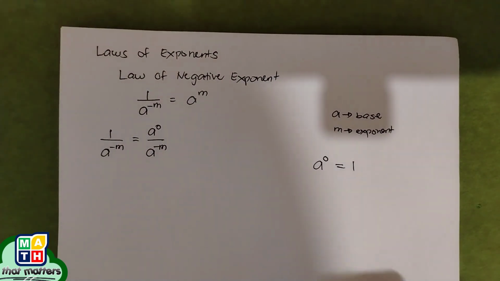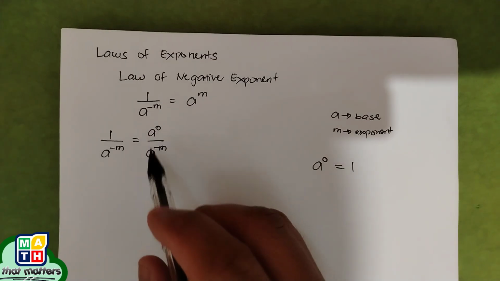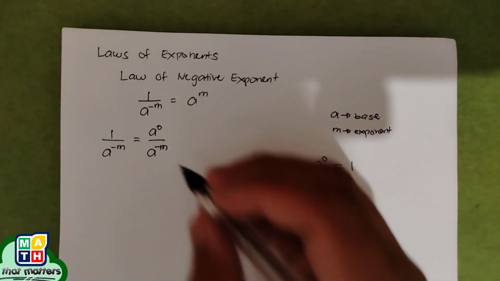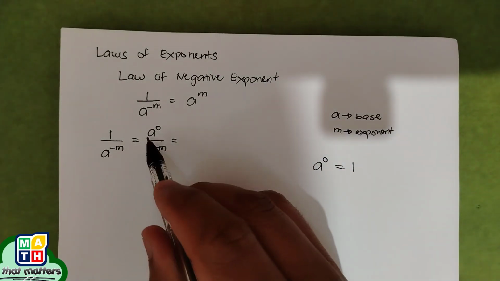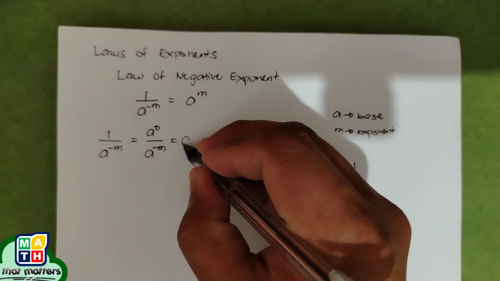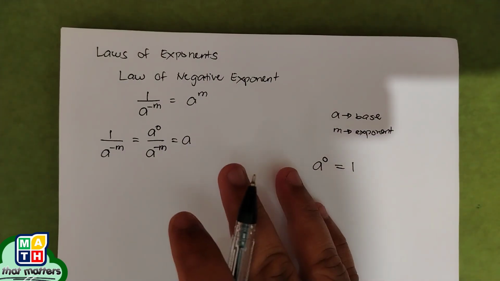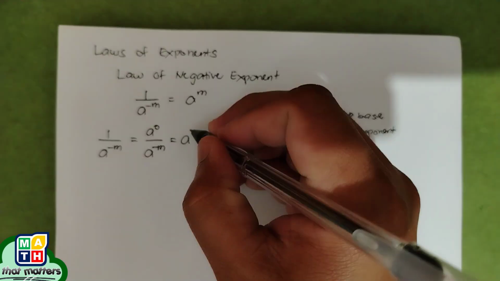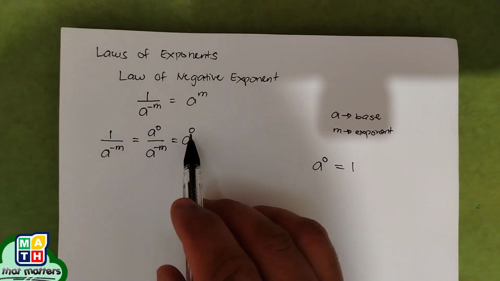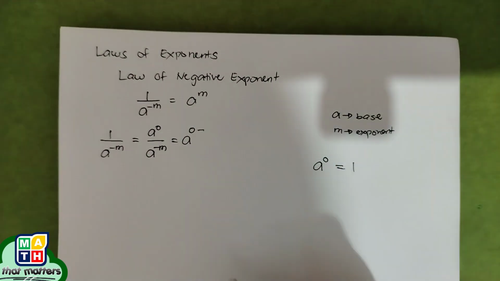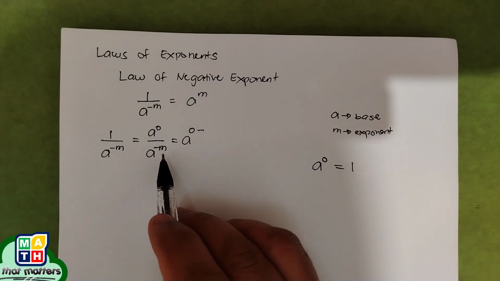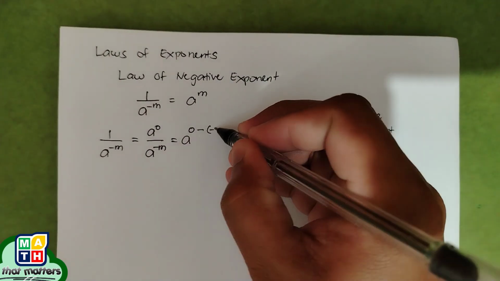Next here is to apply, since we have the same base now, the division law of exponents, which tells us that if we are dividing exponentiations or expressions with the same base, copy the base and subtract the exponents. When we do that, we copy first the exponent of our numerator, 0, as our minuend, minus the exponent of our denominator, which is negative m, as our subtrahend.